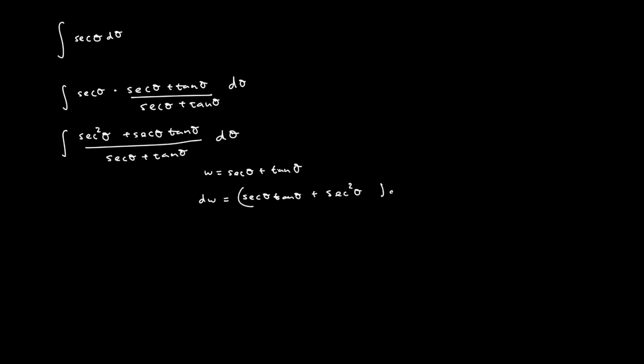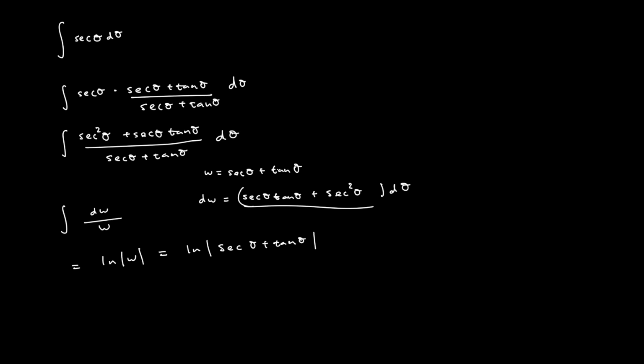And so that just turns out to be our numerator. So we can rewrite this as dw divided by w. And that just turns out to be ln of the absolute value of w. And then resubstituting back in the value of w, this is just the ln of secant theta plus tangent theta. So we found out the integral of secant theta d theta.